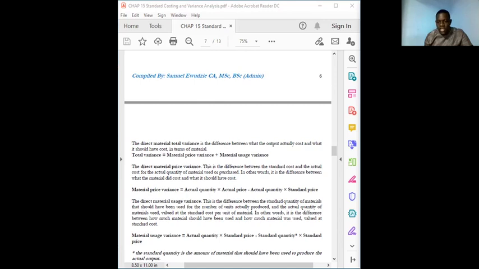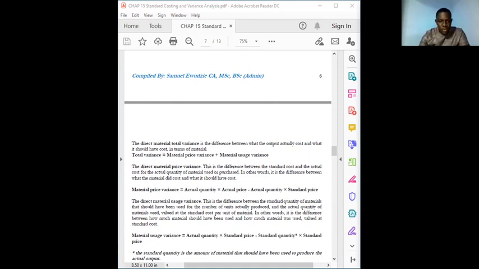So price is common here. To factor this out, we have actual quantity minus standard quantity measured at the standard price. This is how we determine the material usage variance. It is using the quantity of material: the difference between the quantity of materials that we should have used as against the materials we actually used, measured at the standard price. That will give us the material usage variance.